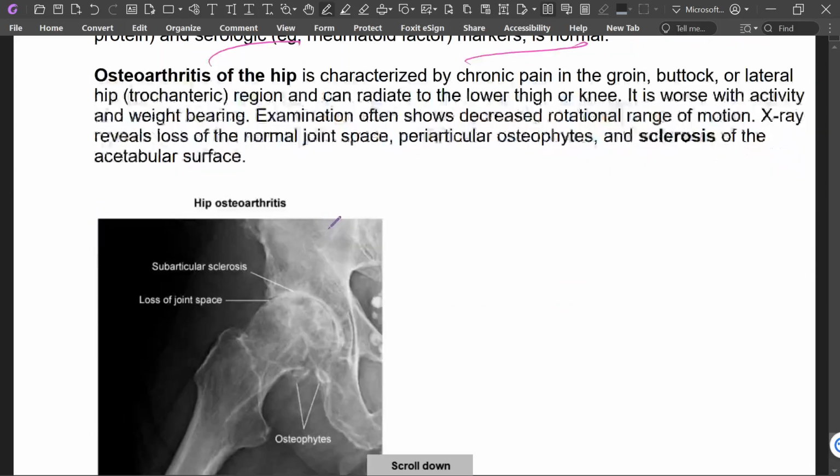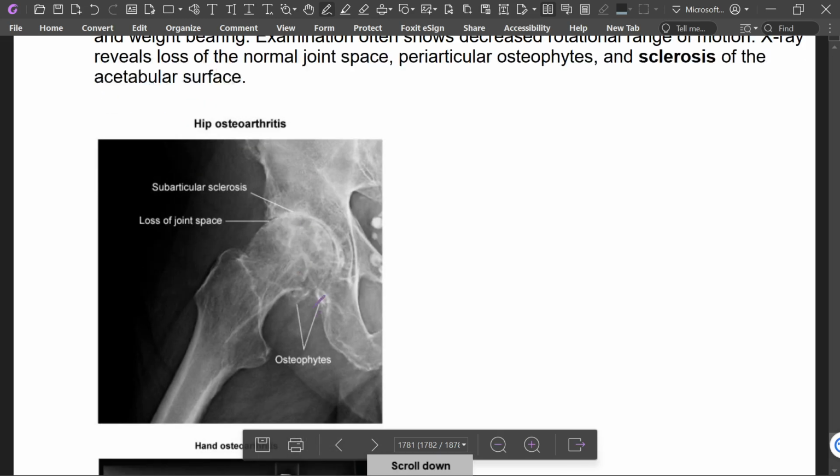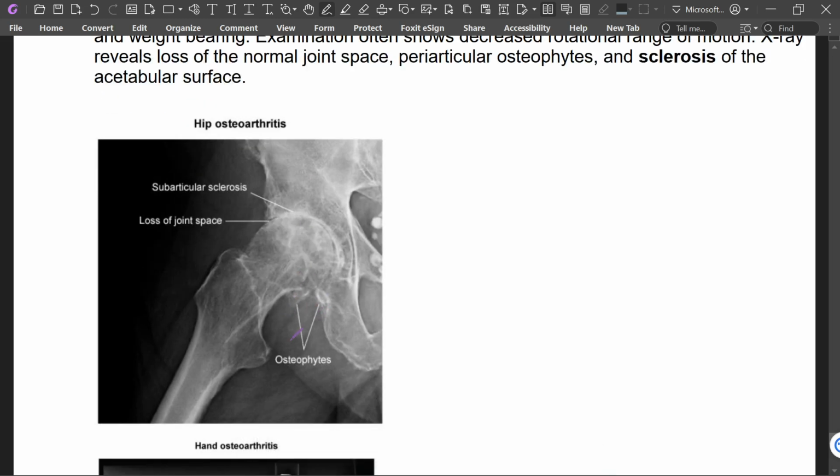This is osteoarthritis of the hip joint. There is loss of joint space. Osteophyte is shown. Subchondral sclerosis is also seen.